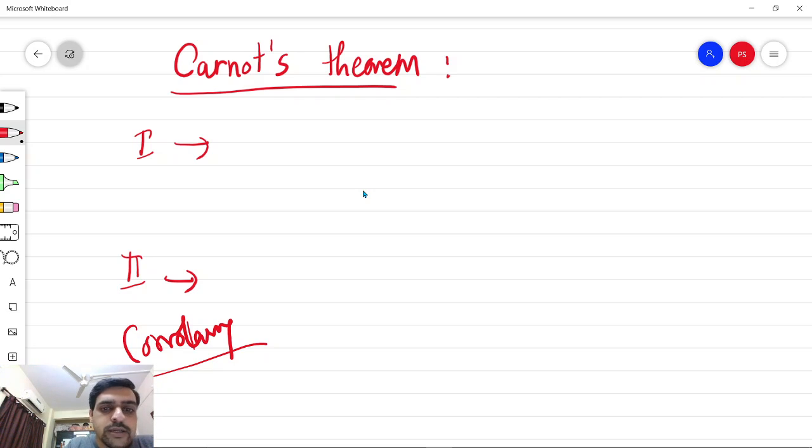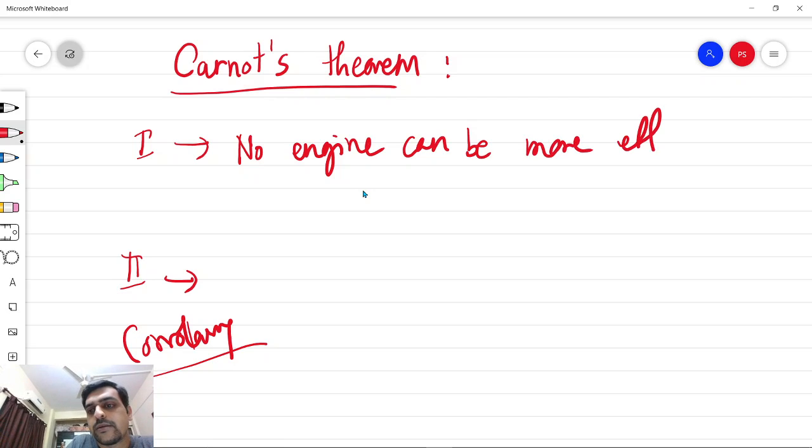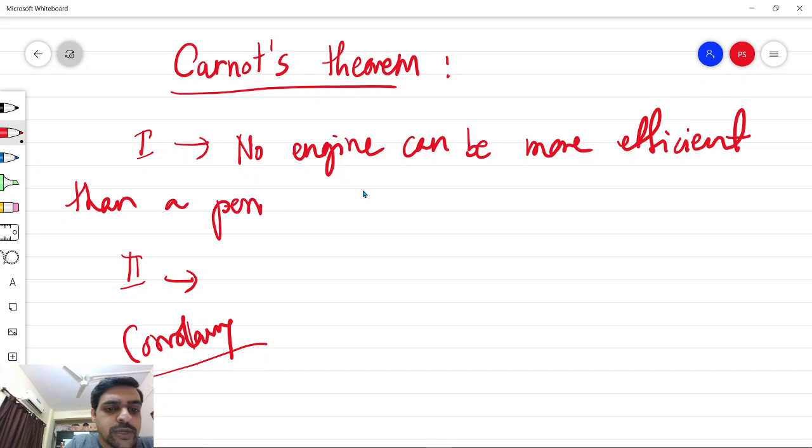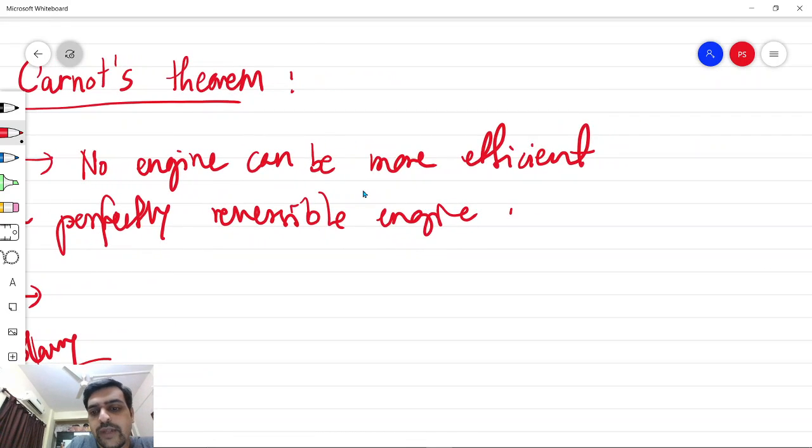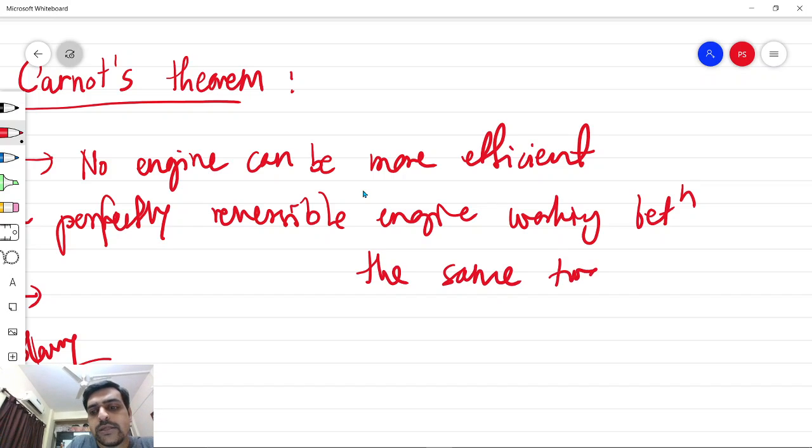The first part states that no engine can be more efficient than a perfectly reversible engine working between the same two temperatures.